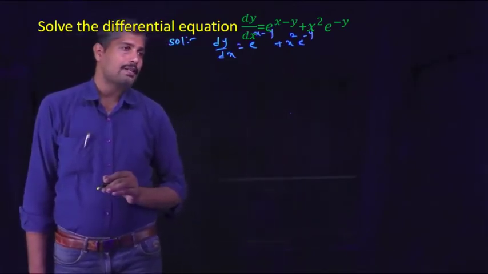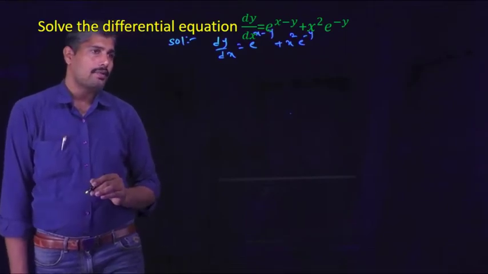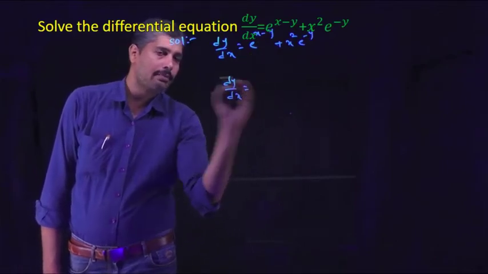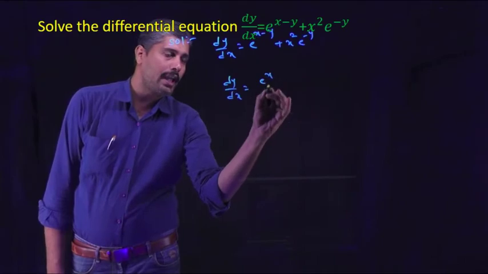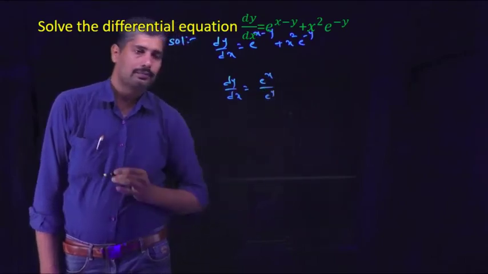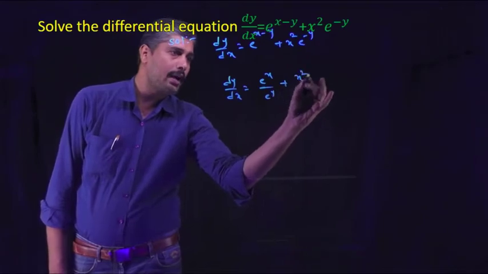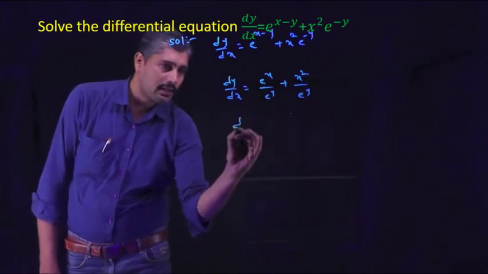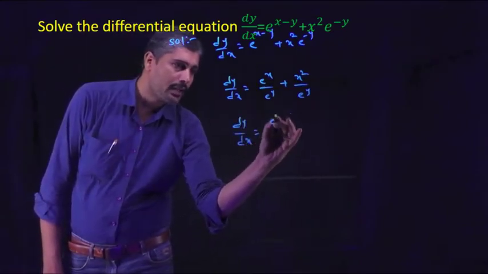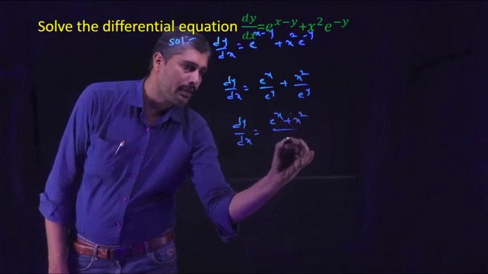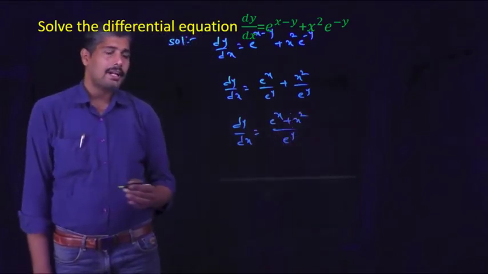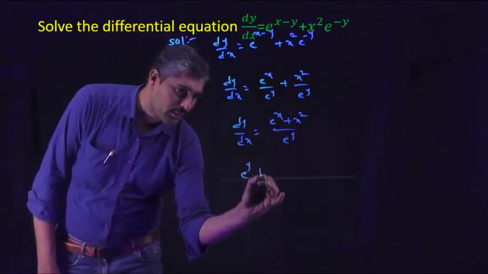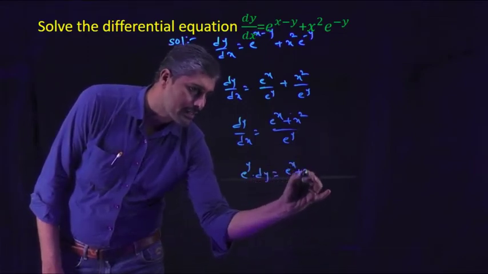Just see, dy/dx = e^(x-y) can be written as e^x/e^y, plus x^2/e^y. The LCM is e^y, so dy/dx = (e^x + x^2)/e^y. Then separating y terms and x terms, e^y dy = (e^x + x^2) dx.